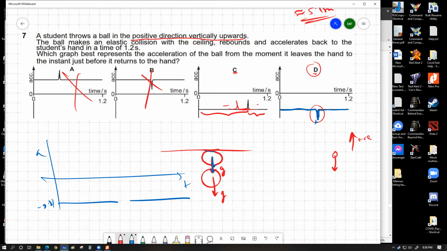What do you think? Stay below the x-axis. It has to be above, to generate enough force to bounce it back.